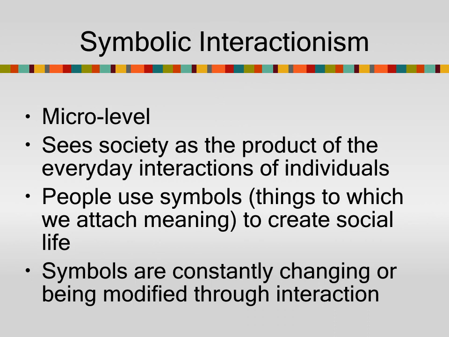So let's quickly review. Social conflict, macro level, large scale. You want to be looking at who does not have enough, whatever the resource may be, money, water, otherwise, and who has control over it. Structural functionalism, the institutions that are working together to make our society operate and make it strong.